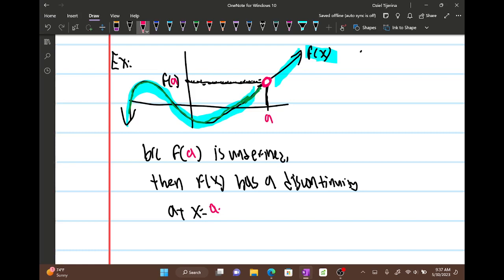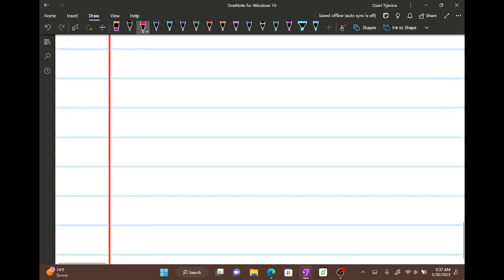Of course, we also want to go over another type of example, right? Let's just say that there's a curve.